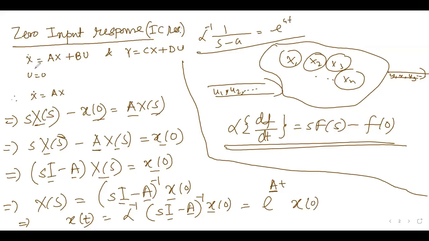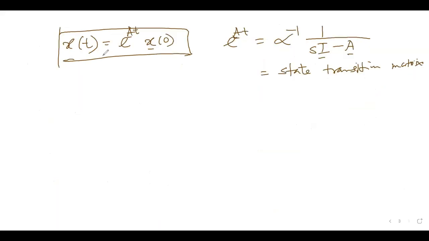I set the input to 0 in x dot, took the Laplace inverse, and used this formula, taking common. Next class we'll discuss the zero IC response, then we'll find the total response. That's it.